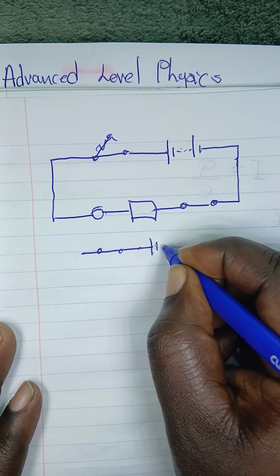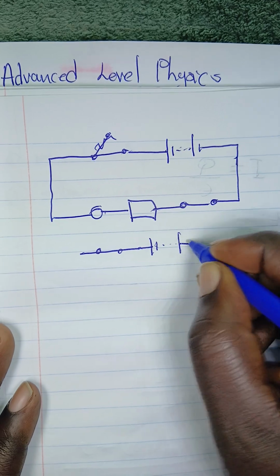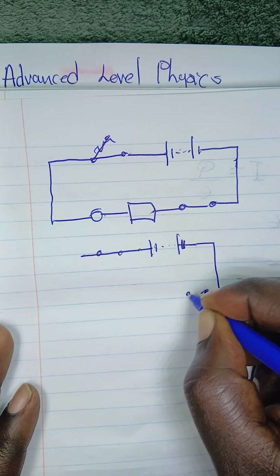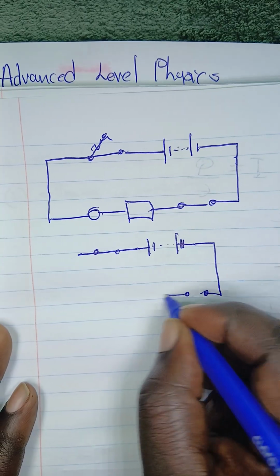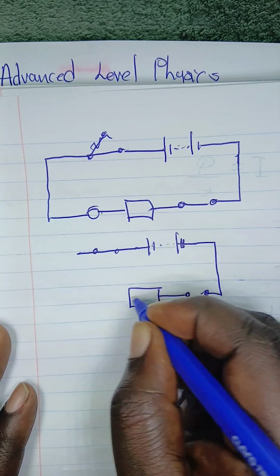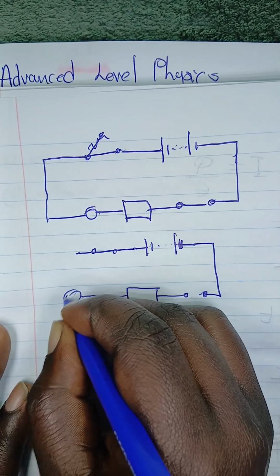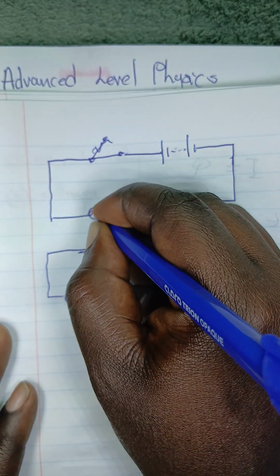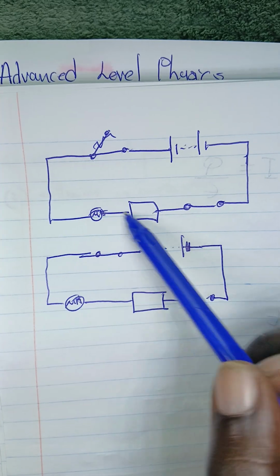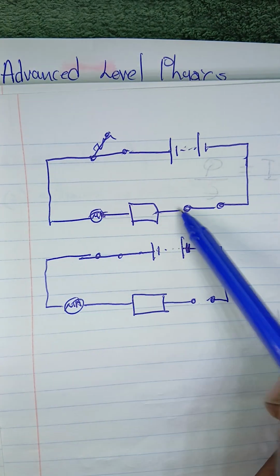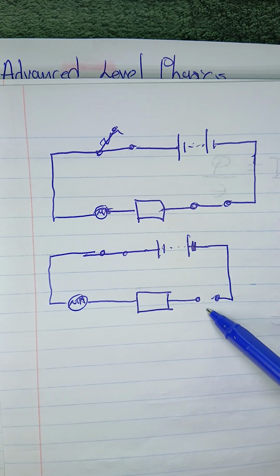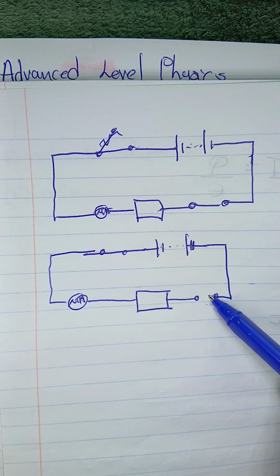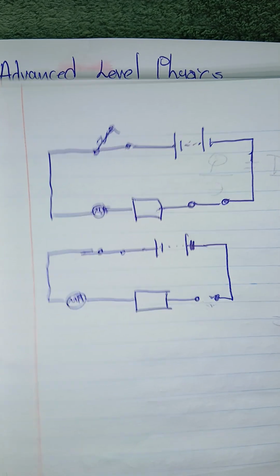Once it's charged, the voltage across it will be equal to the voltage there, and it now behaves like an open circuit. So the ammeter reads the first current, but when the capacitor is fully charged, there is no current flowing. The capacitor will act like an open circuit. So that will be your description.